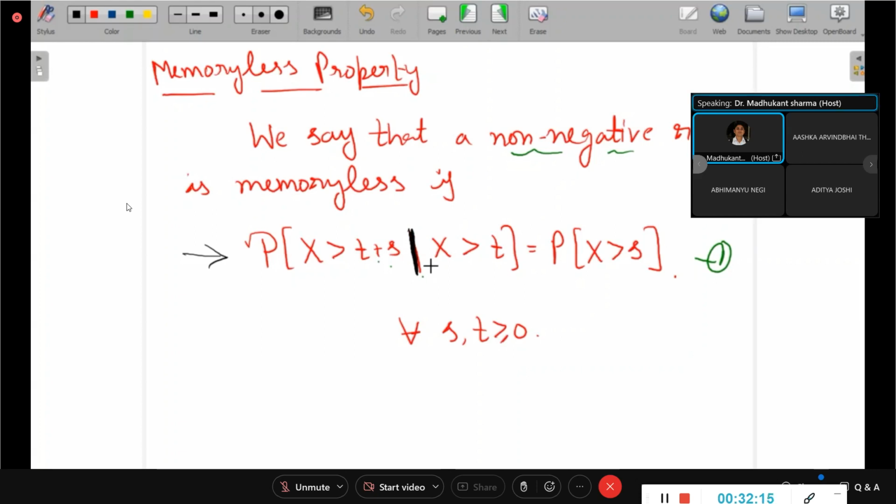Can someone try to signify it physically? What does it mean physically, by an example?